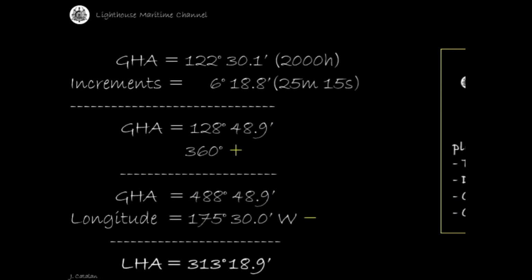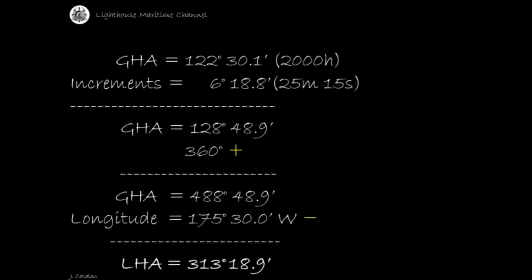GHA, which is equal to 122 degrees 30.1 minutes at 2000 hours. Added by the increments, which is equal to 6 degrees 18.8 minutes at 25 minutes and 15 seconds. The result is the GHA, which is equal to 128 degrees 48.9 minutes. Added by 360 degrees.